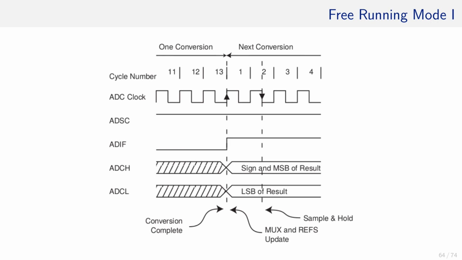What if, as auto-triggering source, I select the ADIF bit? That ADIF bit is set once the conversion completed, but now it is also used as a triggering source. That means that as soon as one conversion ended, immediately the next one starts. And that is what we used when we calculated the maximum sample rate at the highest accuracy of around 15 kilosamples per second.